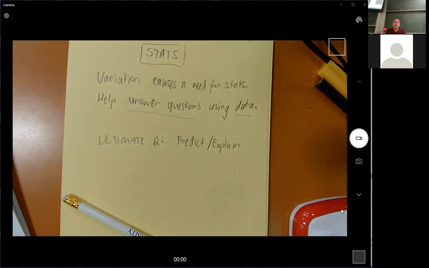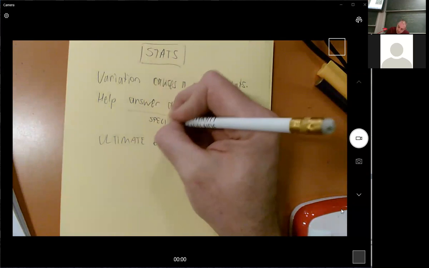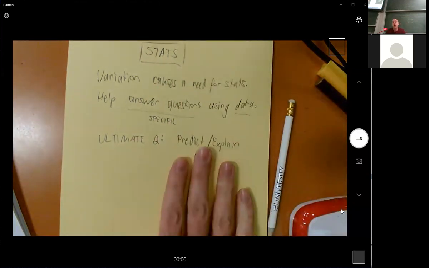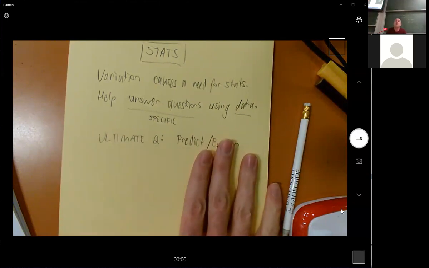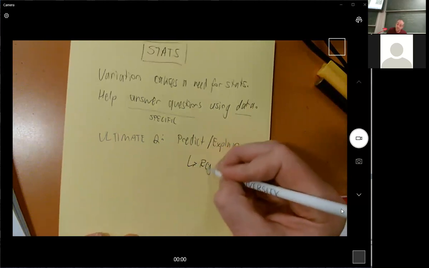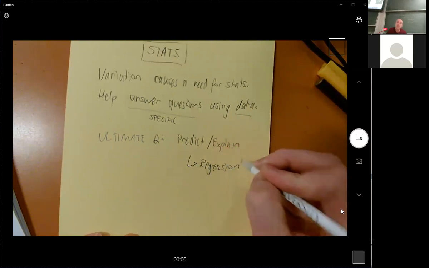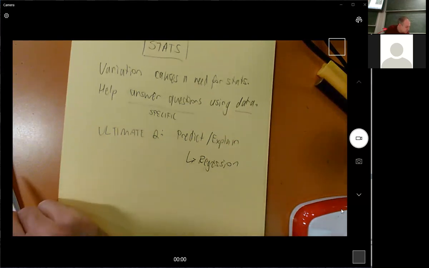So that's the idea. All right, but there are other questions that you can ask as well. Statistics is only capable of answering extremely specific questions. Okay, so predict or explain. Questions of a predict or explain nature is what regression is for. So the ultimate goal of regression is to predict. To say, I noticed that there was a graph, I thought it was actually useful.